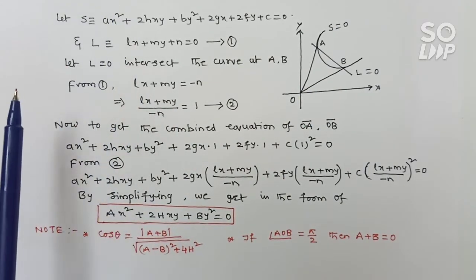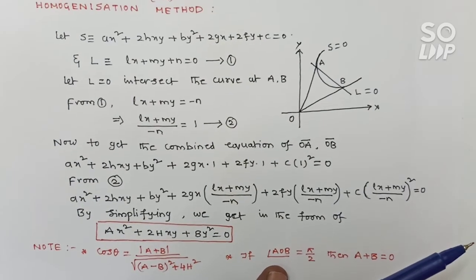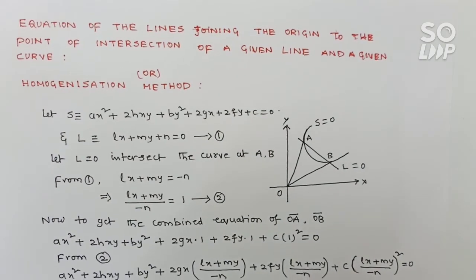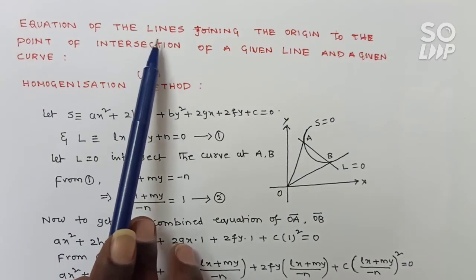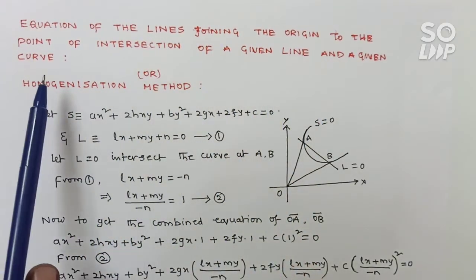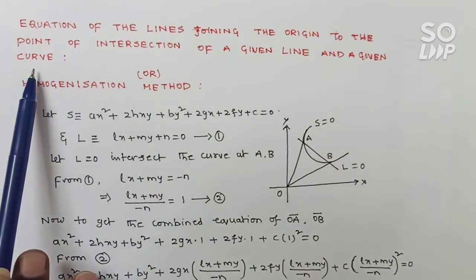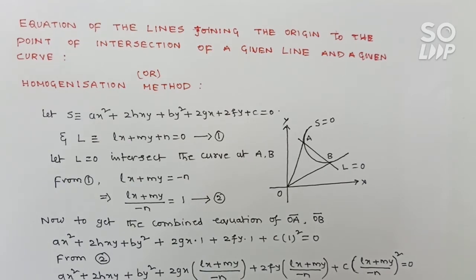So suppose you do not remember homogenization. When you read any problem, if we have this statement, the lines joining the origin to the points of intersection of a given line and a given curve, immediately we have to use the homogenization method.